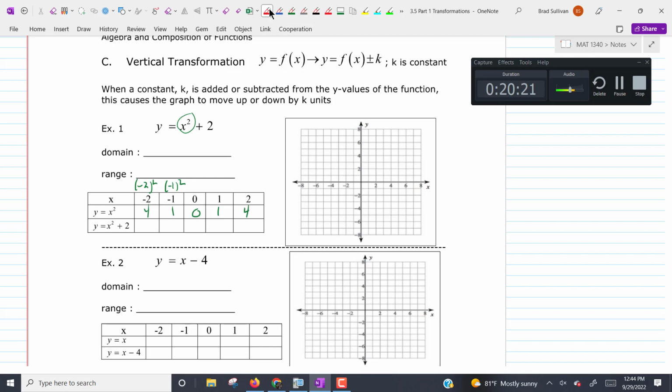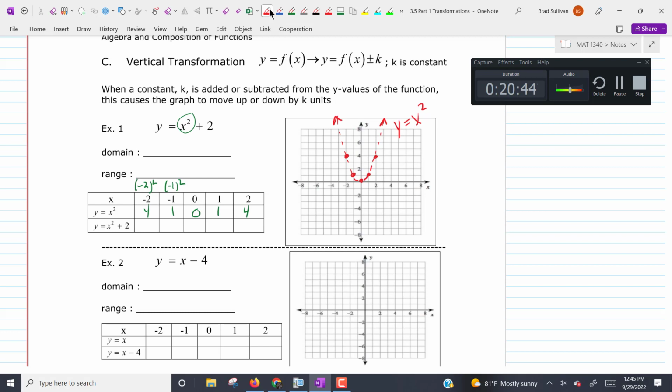You'll get real familiar with these shapes. So you got left 2 up 4, left 1 up 1, 0, 0, 1, 1, and then 2, 4. And I would just label it. Get used to labeling them so you don't get these things confused. So that's your elementary function right there.